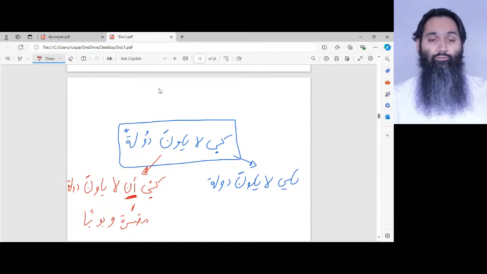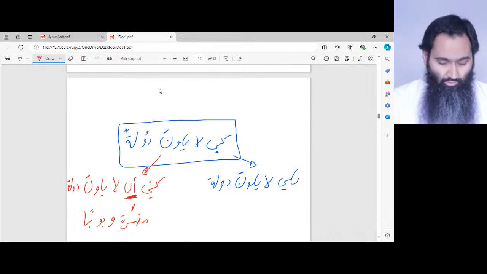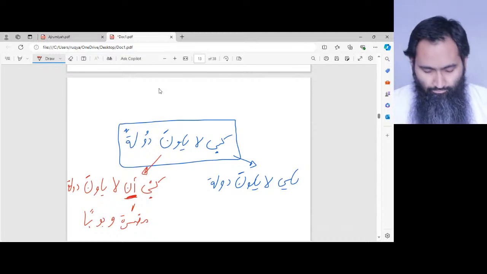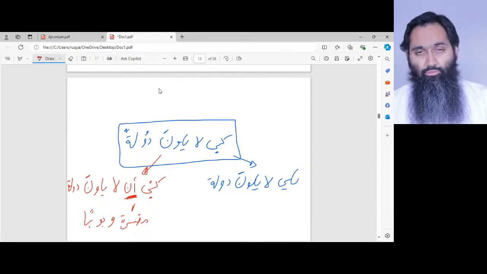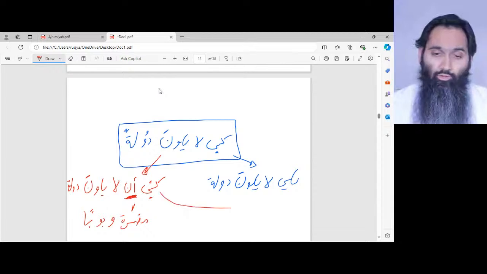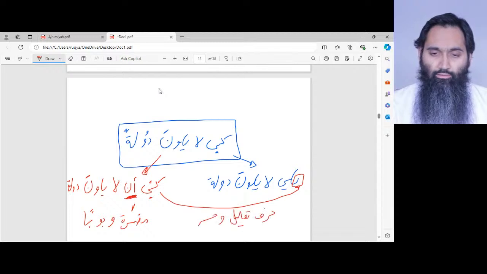The yakun, the fi'l mudari, is still going to be mansoob, whether it's here or here. Here it is mansoob because of kay, here it's mansoob because of an. That's it. The meaning doesn't change. Everything is the same. So what's kay here? Kay now takes on the role of this lam. So it becomes harfu ta'lilin wa jar.